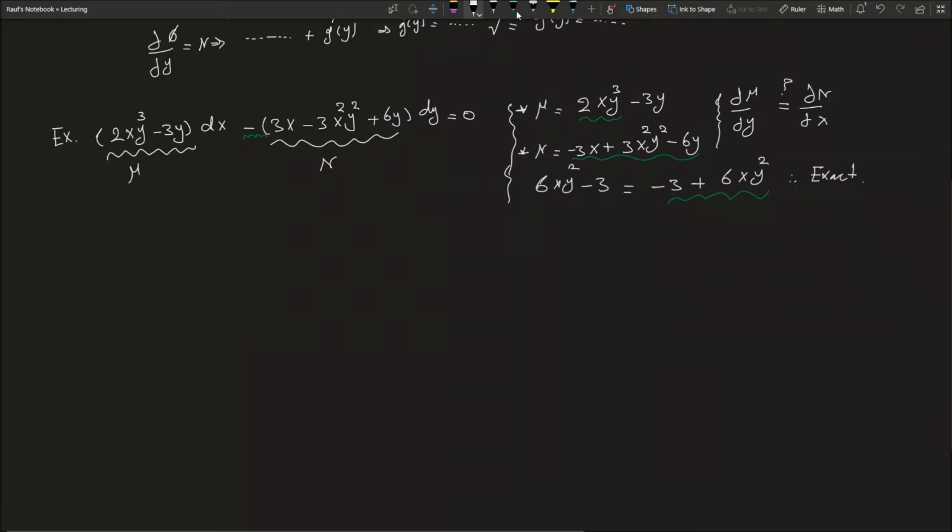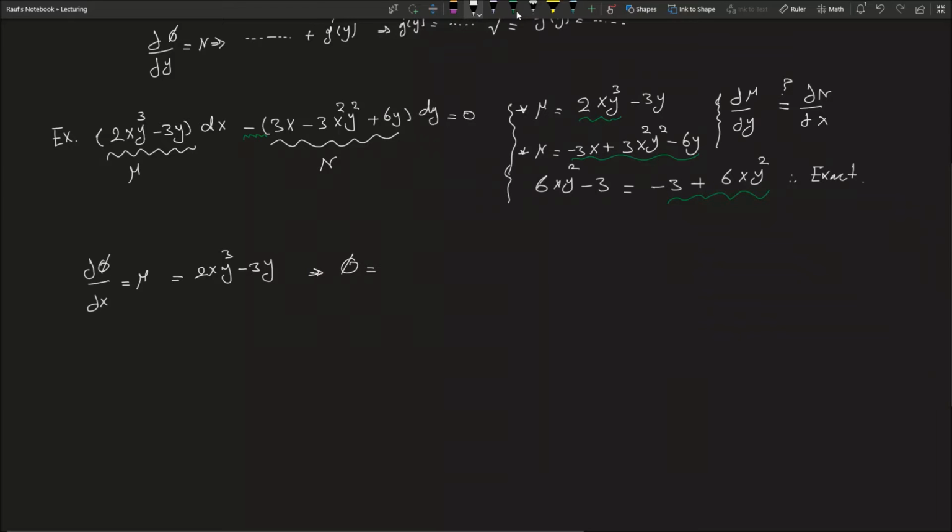Next, we have partial phi over partial x equals mu, as we said, which equals, as mentioned above, 2x y cubed minus 3y. Now we want to get the value of phi.